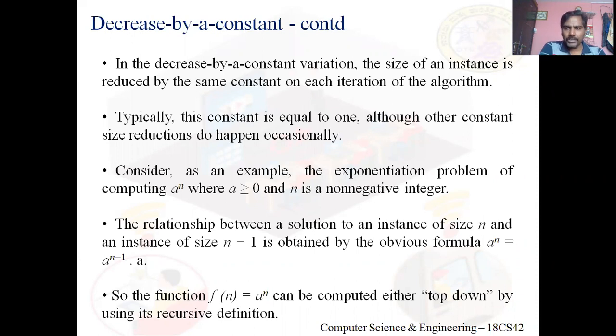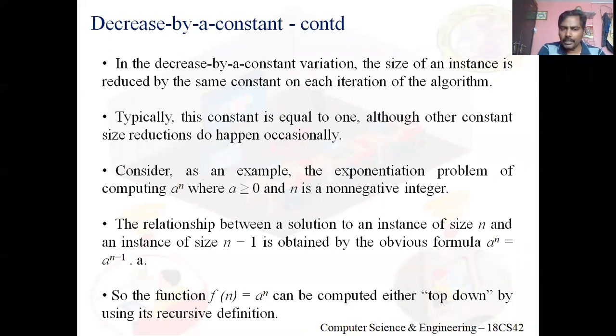You can design it yourself, if you know how to set up a recurrence relation with the appropriate initial condition. Clear? If you know how to set up a recurrence relation with the appropriate initial condition, you can design a recursive algorithm for this. So I need to compute a power n.